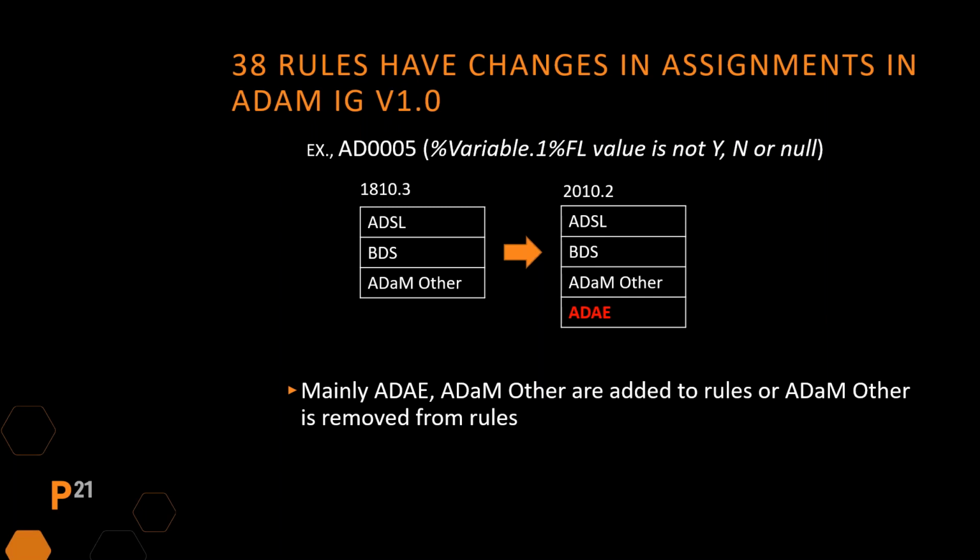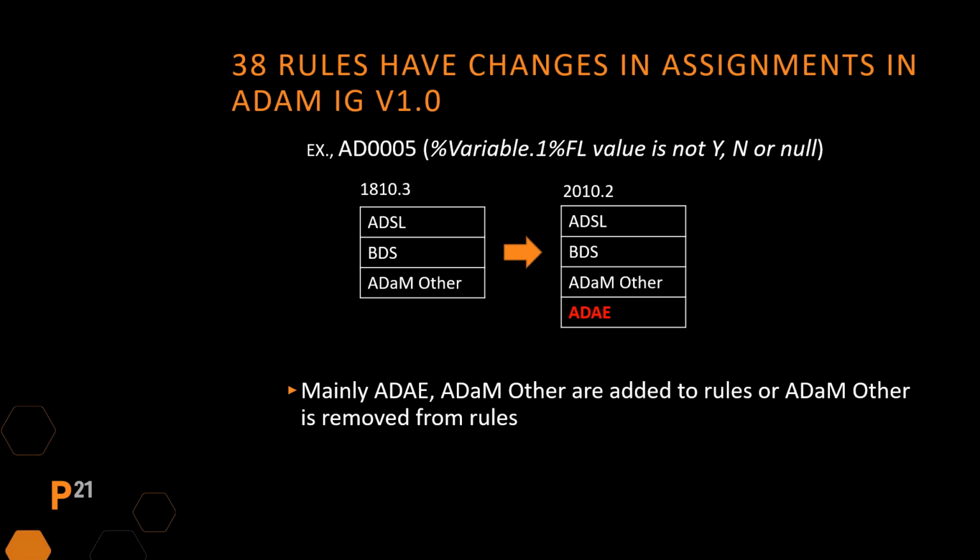There are 38 rules which have changes in assignments in ADaM IG version 1.0. What that means is that, for example, AD0005 checks that a variable ending in FL has values of Y, N, or null. Previously, in Engine 1810.3, this rule only ran for ADSL, BDS, and ADaM other.